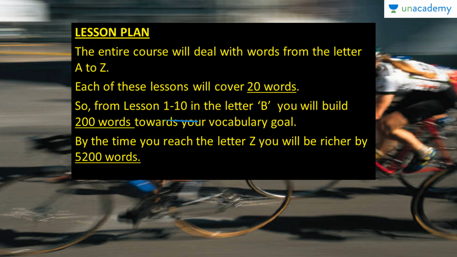So from lesson 1 to 10 in the letter B, you will build 200 words towards your vocabulary goal. By the time you reach the letter Z, you will be richer by 5,200 words. And you will be still counting upwards, not to mention the words you already know.